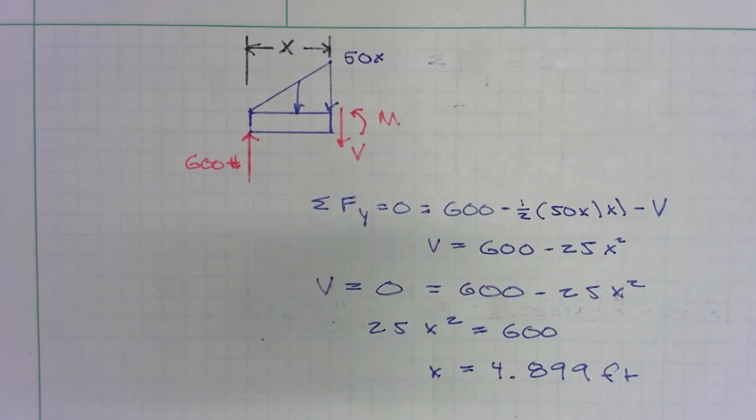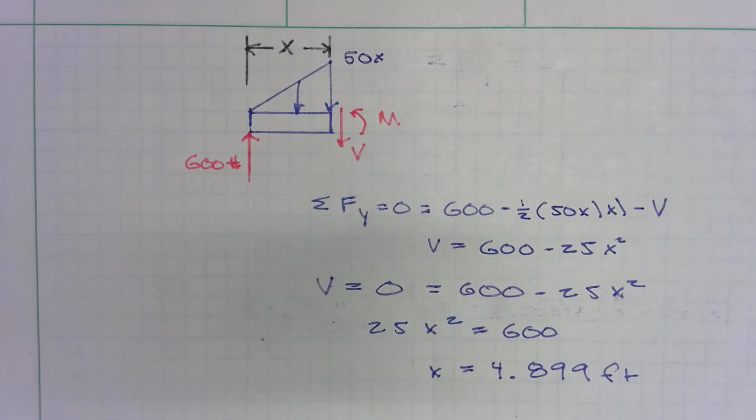Remember, 300 pounds per foot over a distance of 6. If you take 300 and divide it by 6, you get 50. So x is the distance in feet, and we don't know what it is. That's all we've done there.